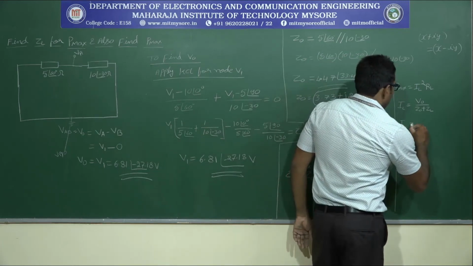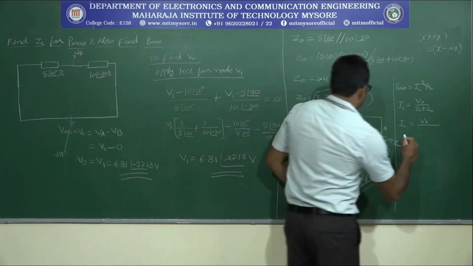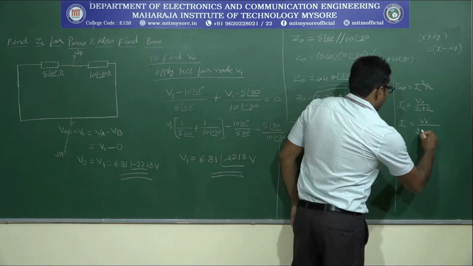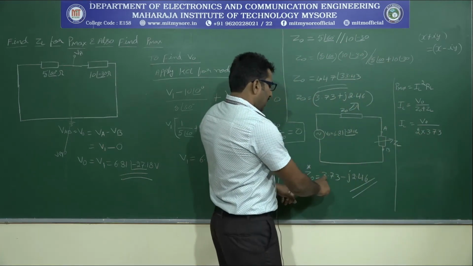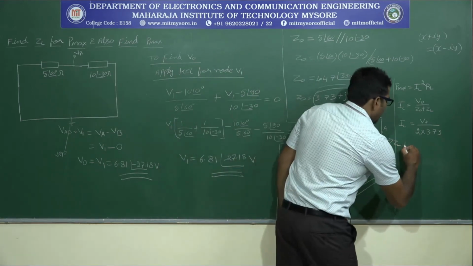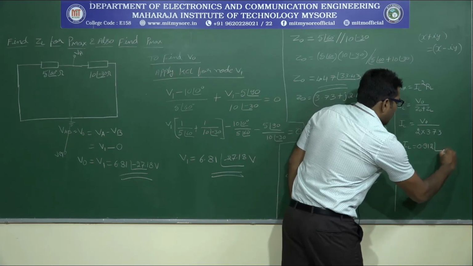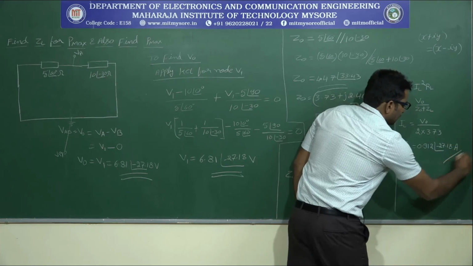IL is equal to, anyhow, V0 value you know, how much? 6.81 at an angle of minus 27.18, divided by 2 times 3.73. By simplifying this, you will get IL is equal to 0.912 at an angle of minus 27.18 amps.